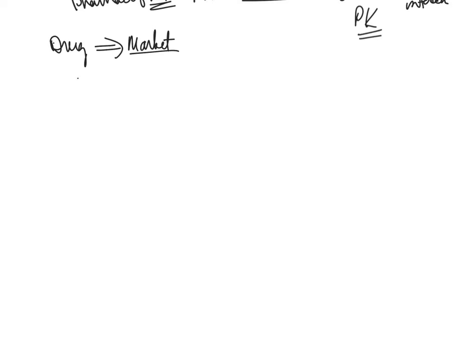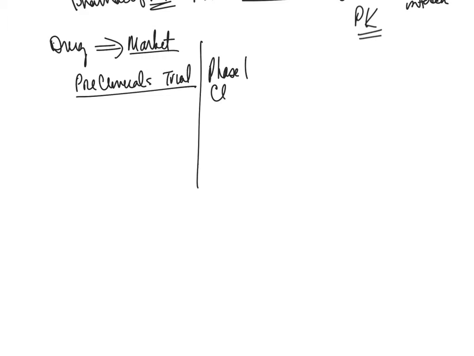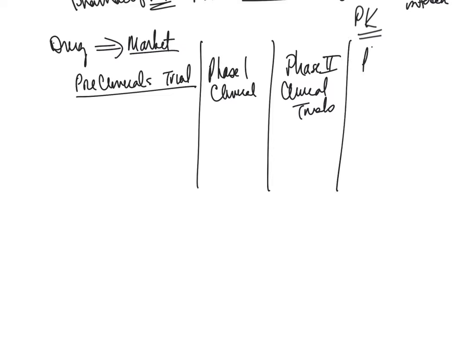So you have to deal with preclinical trials. Okay, so you're going to have preclinical trials. You're going to have phase 1 clinical trials, and you're going to have phase 2, and you're going to have phase 3. And some people even call phase 4 clinical trials, and that's post-market.